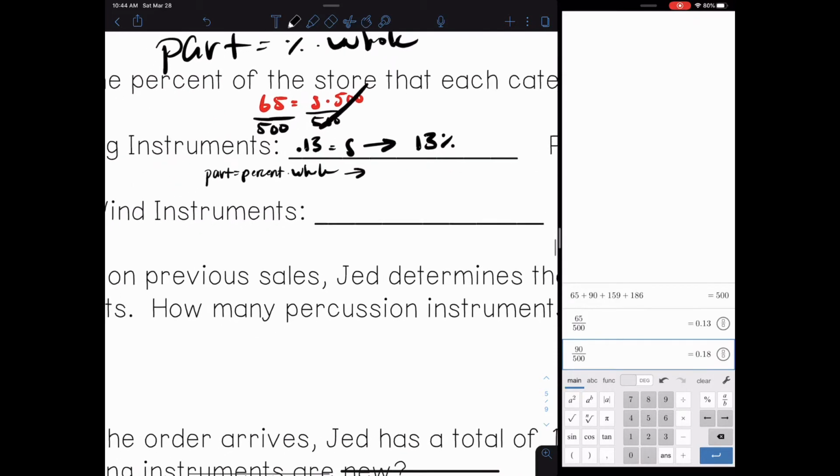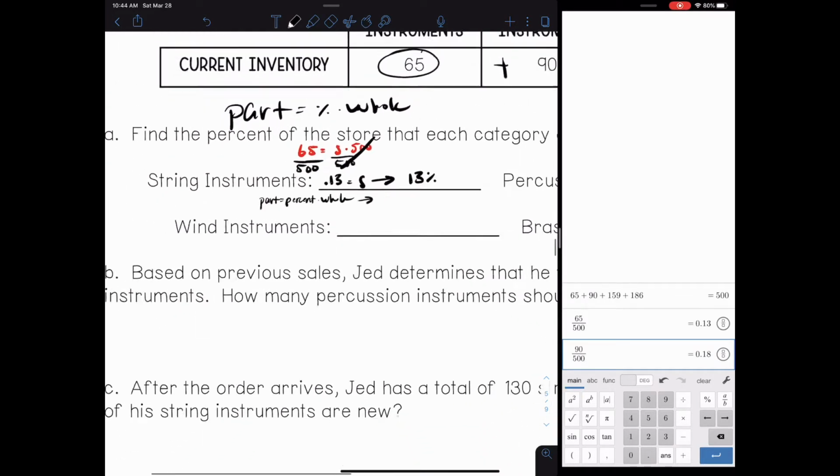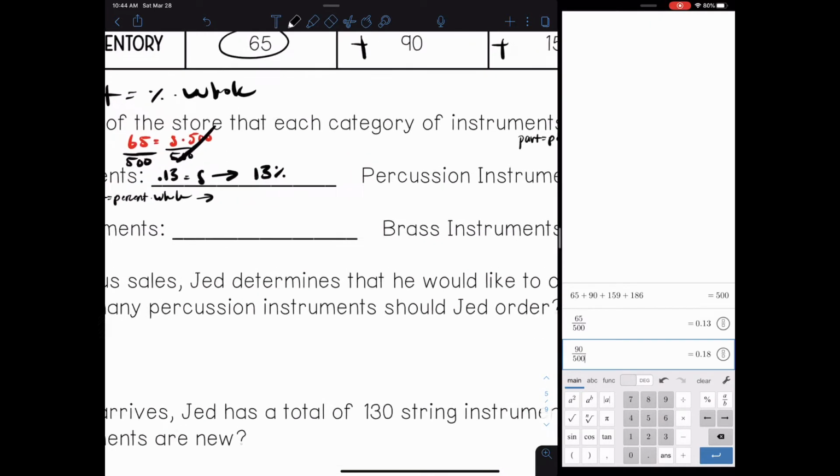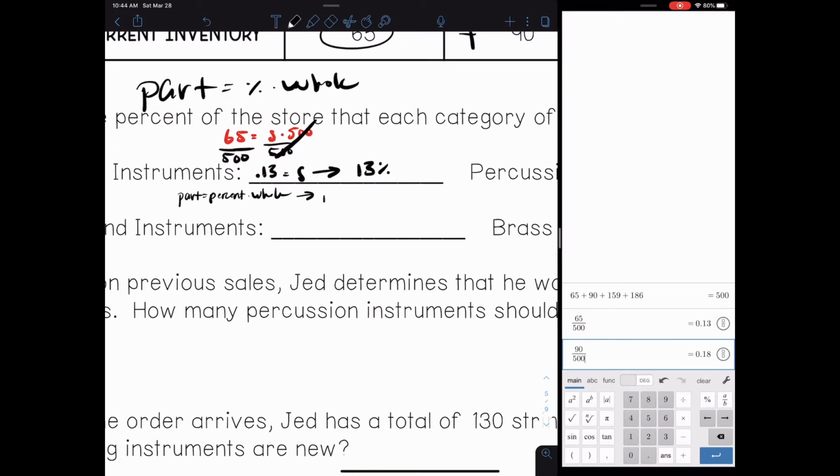Well, we're dealing with wind instruments, so 159. I know that I'm looking for the percent, so do an unknown variable. I'm going to put W for wind times the whole. How much is this out of? How many instruments in total? 500.